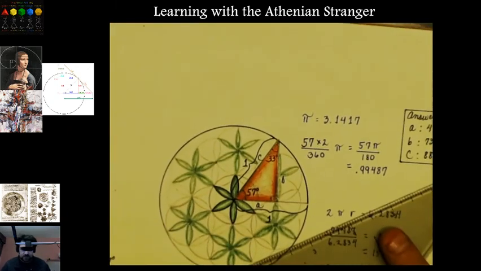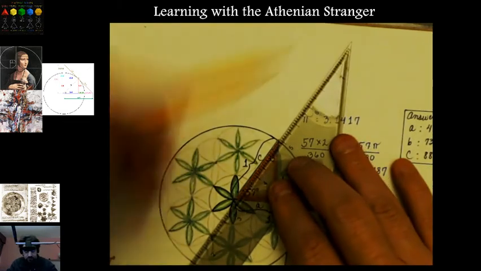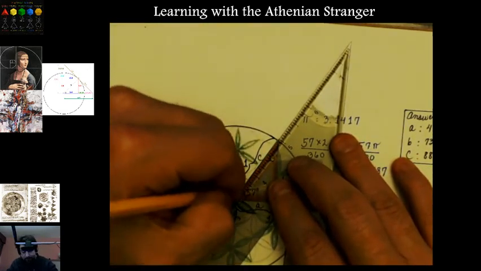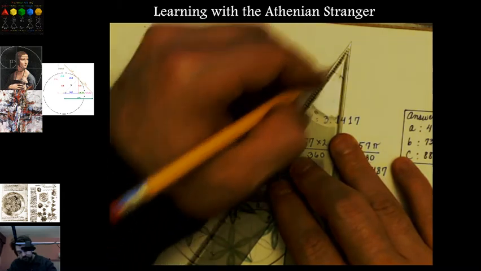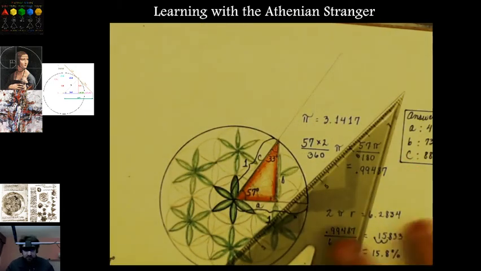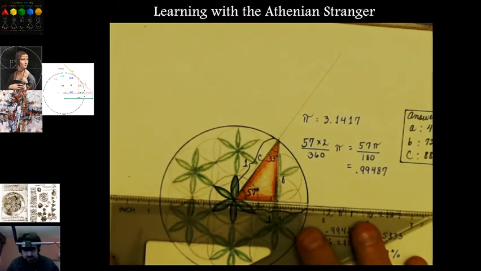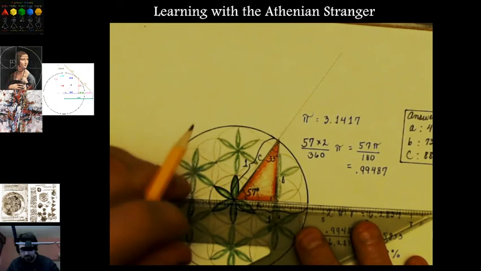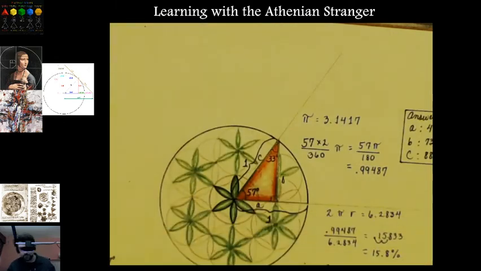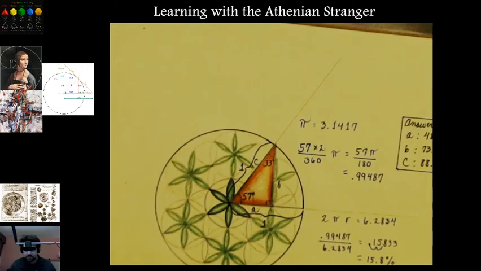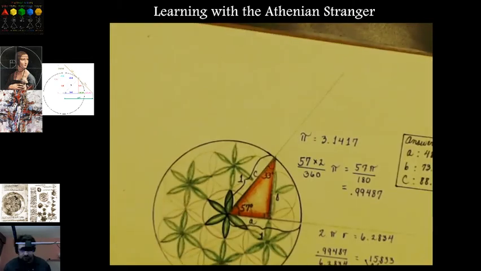All right, let me show you what the tangent is. First, we need to extend this line out a little bit. All right, and we need to extend this line out a little bit.